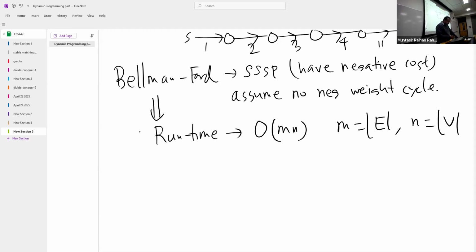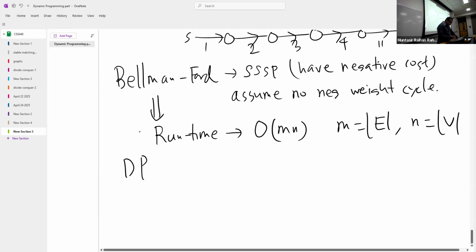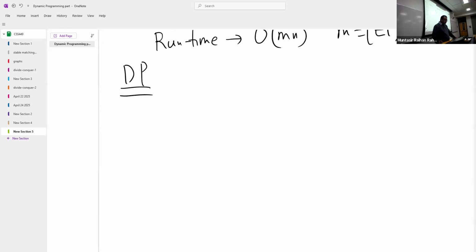As this class is about DP, it's going to be another DP problem that we are solving here. Now again, if you want to do DP, what is the recipe? First we need to find a recursive strategy or recursive subproblems.